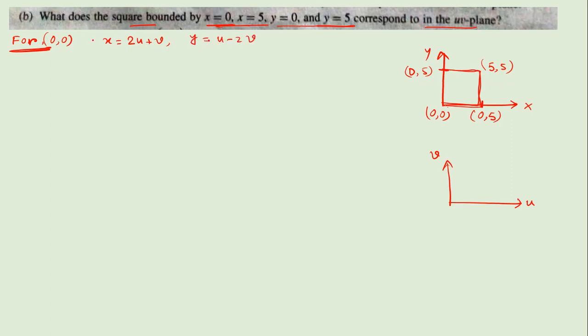So if you put x equal to 0, y equal to 0, you just solve 2u plus v equals 0 and u minus 2v equals 0. So you get u equals 0, v equals 0, right?